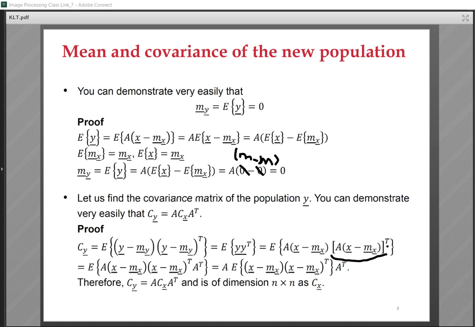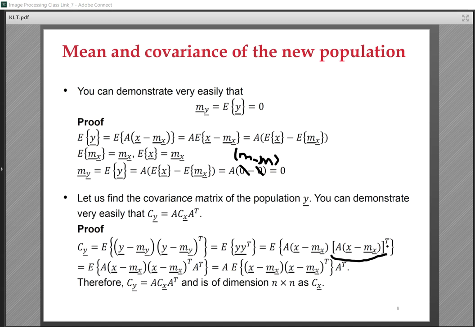A is outside the expected value, and A transpose is also outside the expected value because it is independent. That means this is A E[(x − mx)(x − mx) transpose] A transpose.